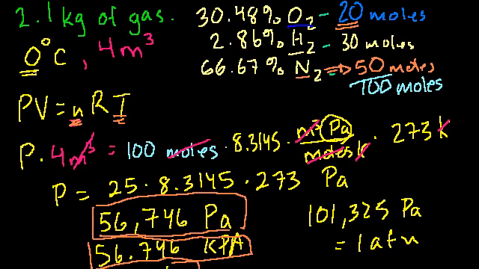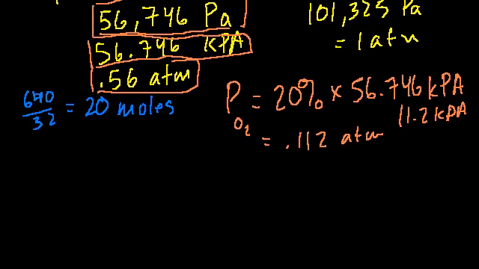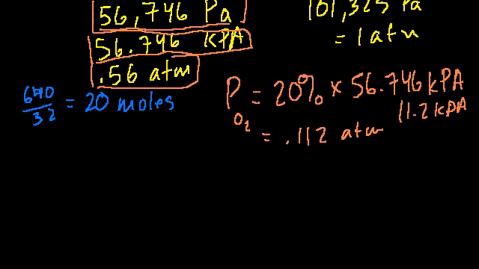What is the partial pressure due to nitrogen? Well, even though 2/3 of the mass is nitrogen, only 50% of the actual particles are nitrogen. So 50% of the pressure is due to the nitrogen particles. Remember, we have to convert everything to moles because we only care about the number of particles. So if you want to know the partial pressure due to the nitrogen molecules, it's 50% of these.